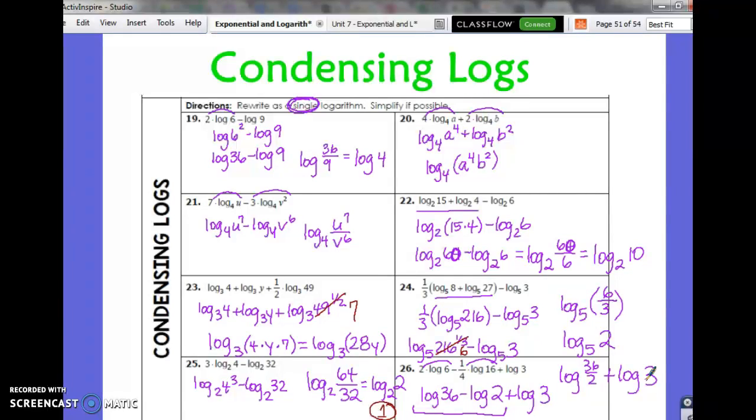And then you've got 2 logs that are being added, so you can condense those using multiplication or the product rule. So as I said just a second ago, that's 18, and that's 3. So 18 times 3 is 54. So number 26 condenses to simply the log of 54.